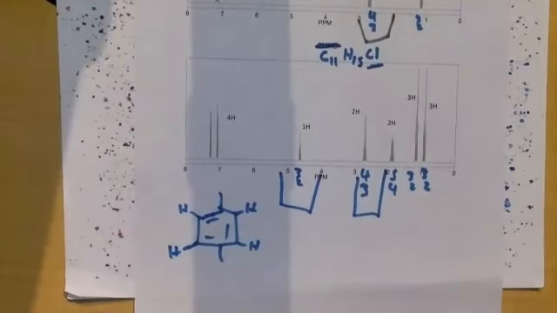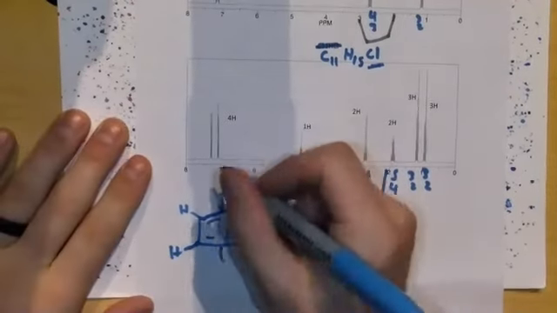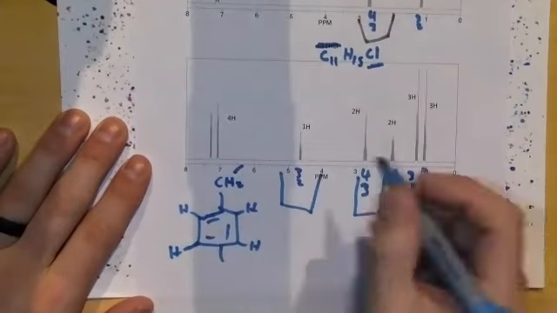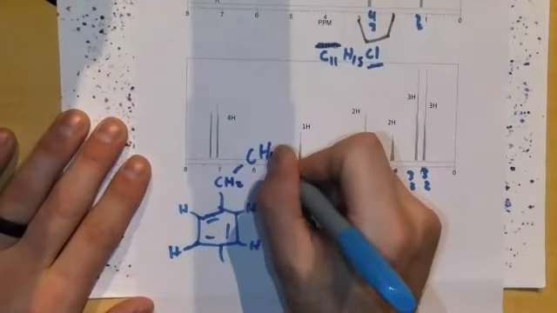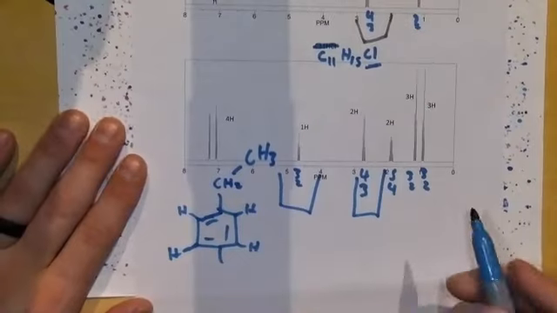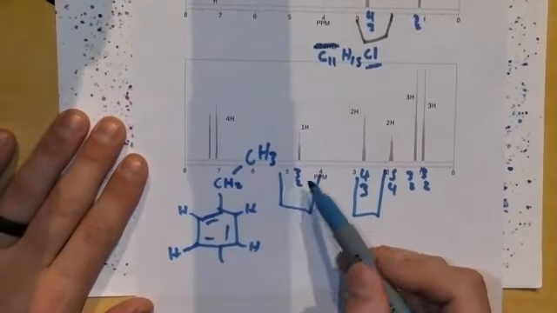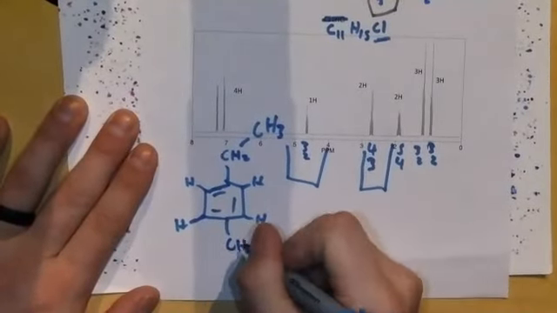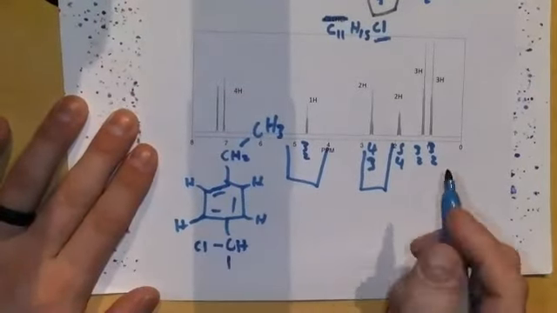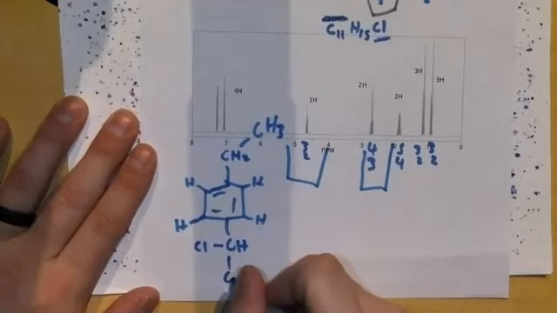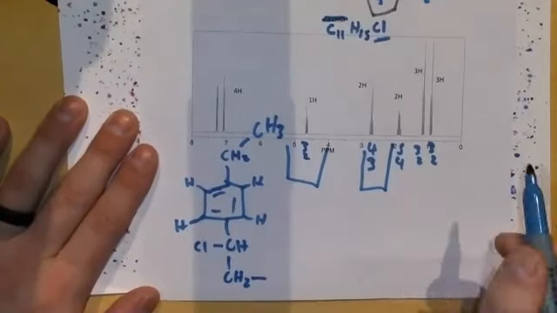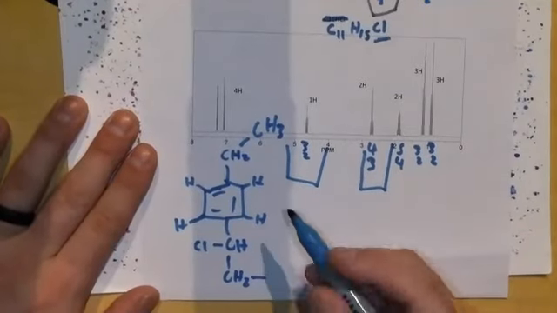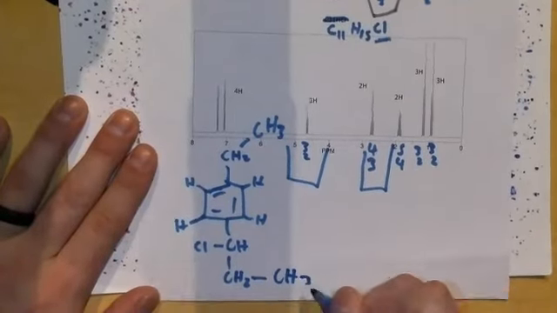So 2 and 3 is most likely to be attached to our ring. Supposed to have 3 neighbors, so that would be a CH3. 4 and 5 is most likely attached to both our ring and the CH. Supposed to have 2 neighbors, so that would be a CH2. Our other CH2 is supposed to have 4 neighbors, currently has 1, so we need another CH3 on the other side.